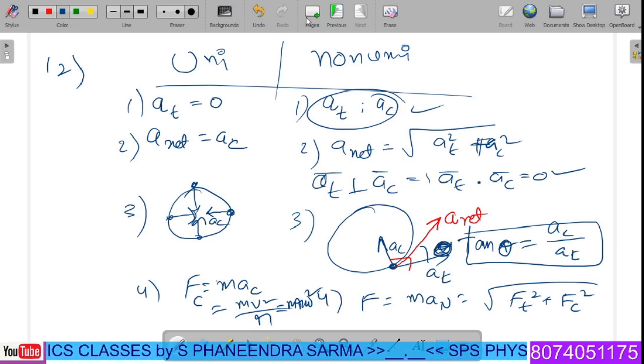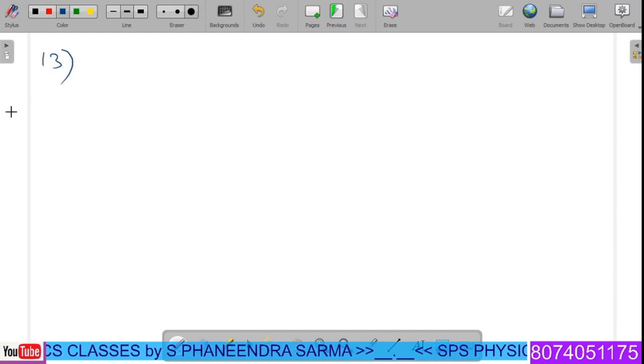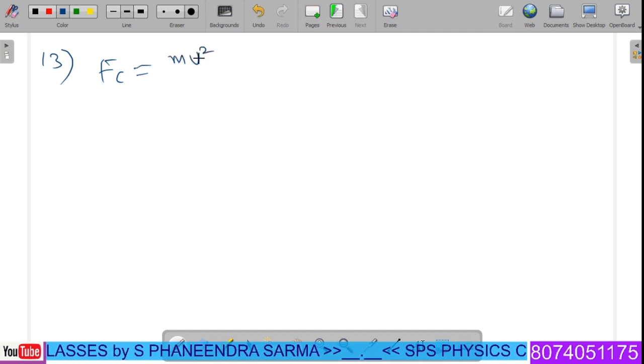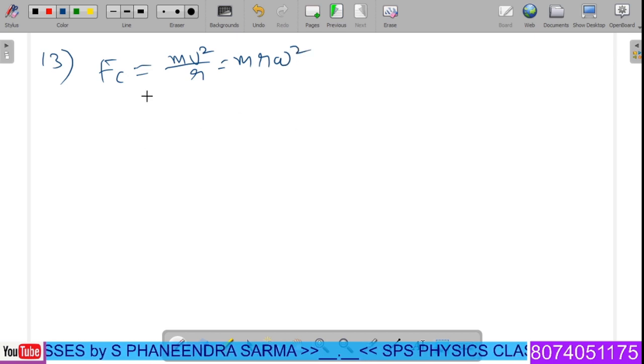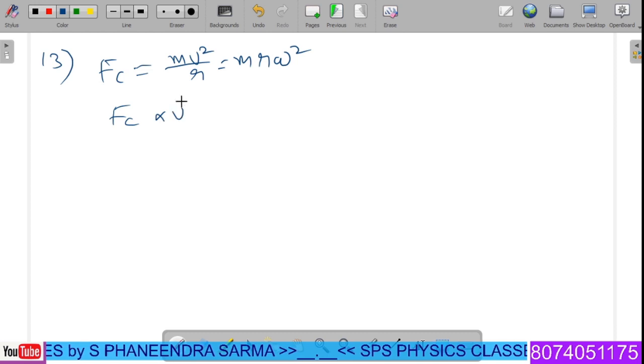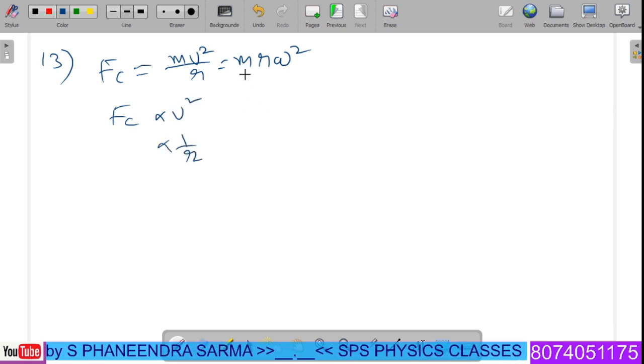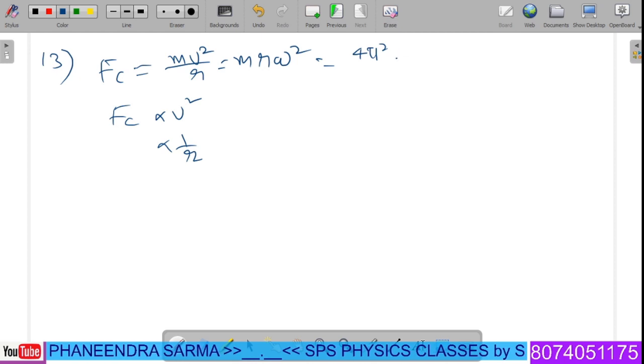Now let us consider some simple cases. Centripetal force Fc is equal to m v square by r, which is also m r omega square. Now in the given case, Fc is proportional to v square and proportional to 1 by r, and omega is also equal to 2 pi by T. Therefore, Fc is 4 pi square m r by T square.